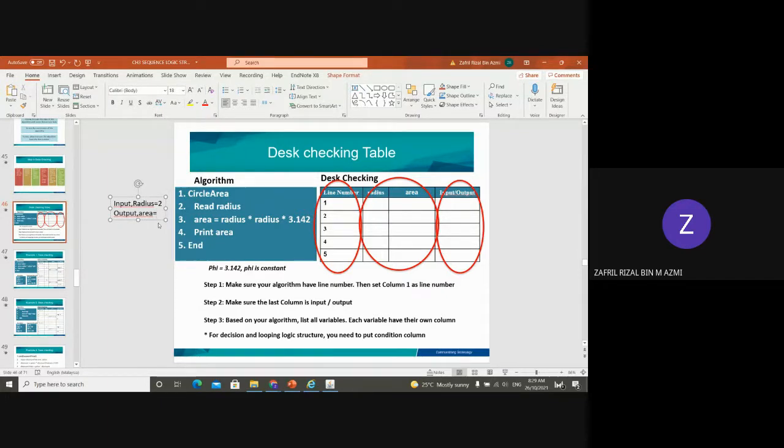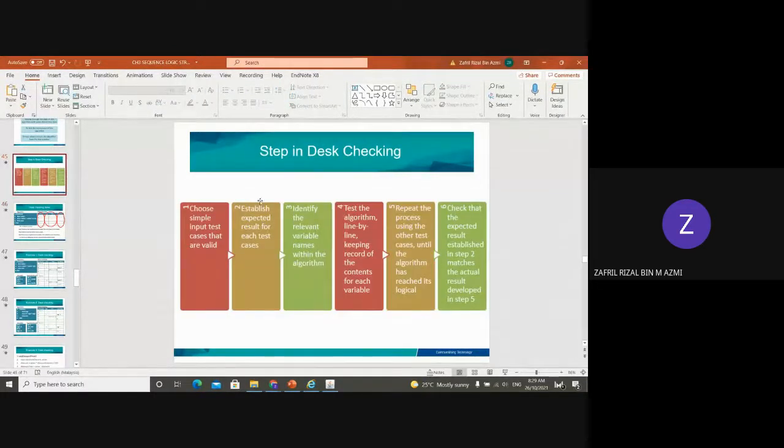Area equal to 12.568. Okay, this is what we call the expected result that we calculate manually. Alright, this is the second step.